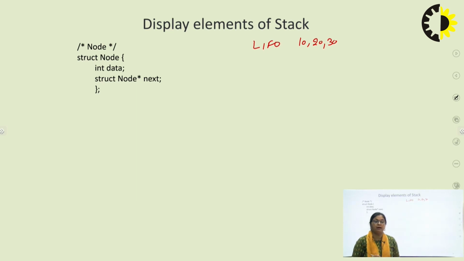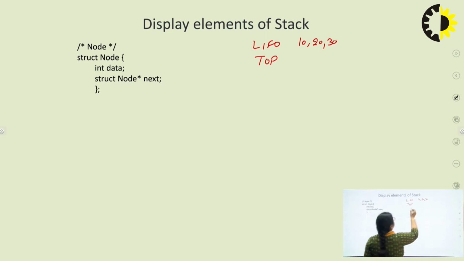As we have to do the deletion from the last point where we have just inserted, because it is last in, first out, we need to keep track of that point. How do we maintain the record? Using a top pointer. We have to maintain the record of where we have just inserted. Initially we do not have anything in the stack, so let me initiate it as null.